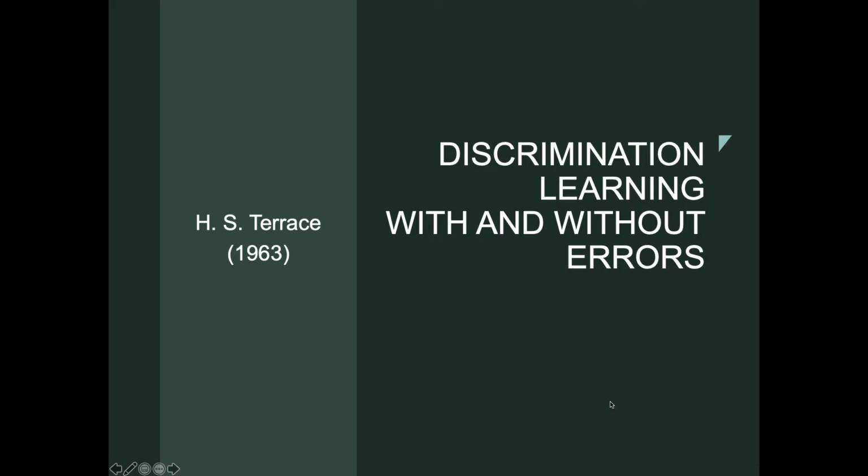And this set of research by Terrace was really the seminal work for describing a procedure by which we could introduce prompts, if you will, or new stimuli and fade those stimuli out to create this sort of transfer of stimulus control. So keep that in mind as we go through.